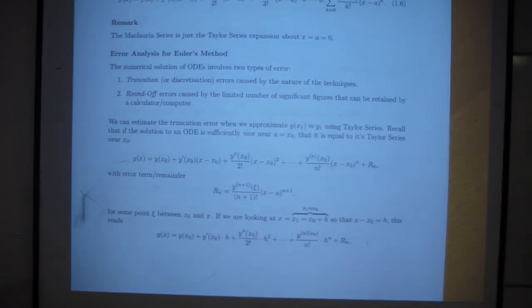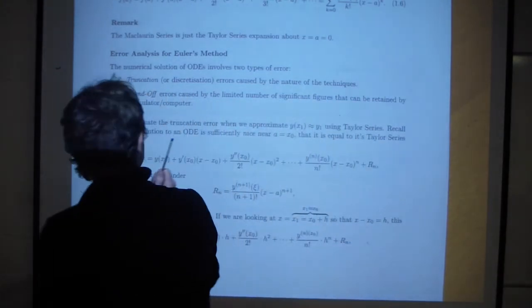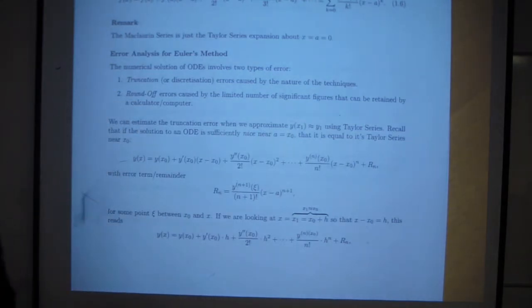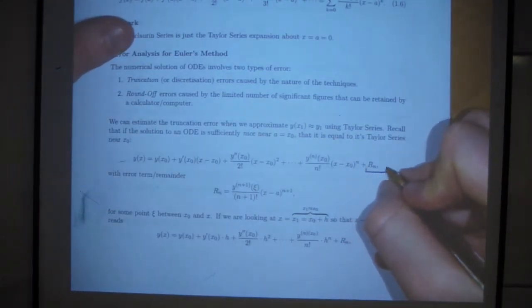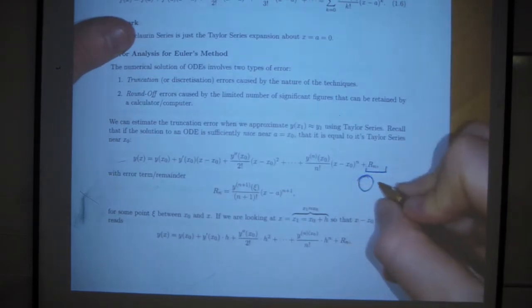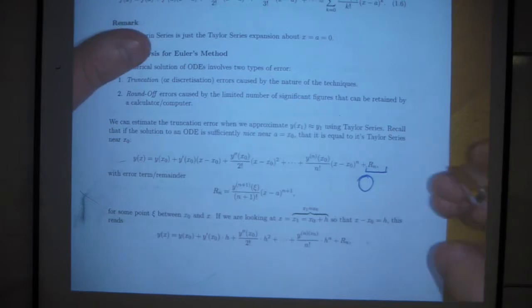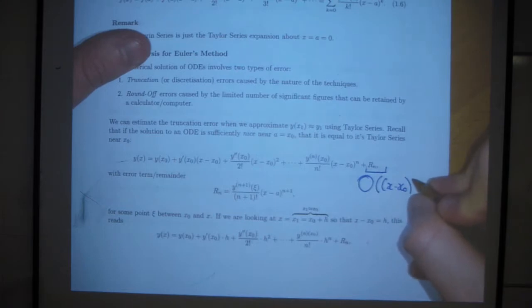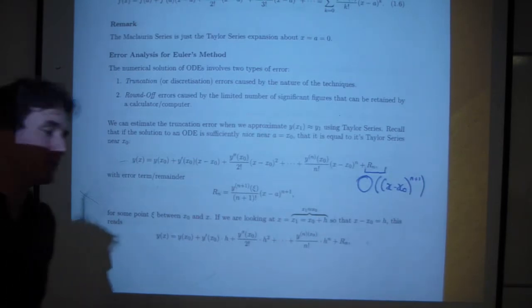And what you can show is that, see this Rn. Everything after this is a multiple of (x − x0) to the power of n + 1. Now the concern is that there are infinitely many of them, and maybe it gets really, really big.